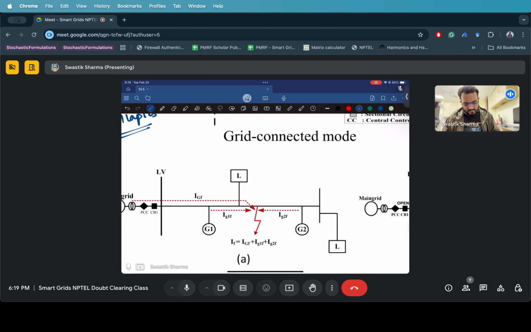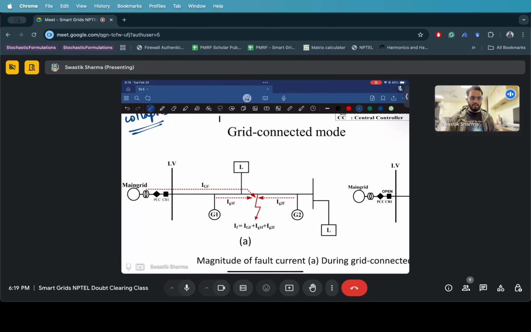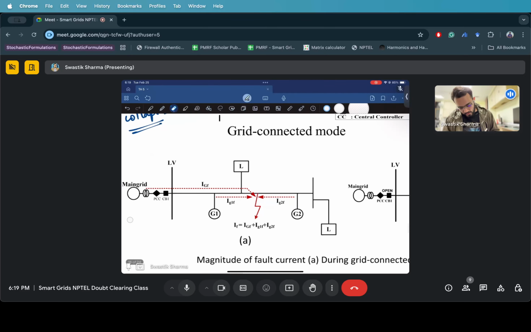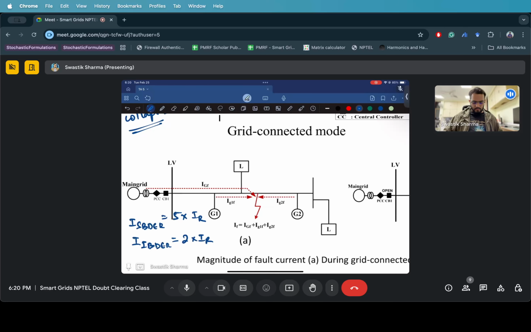All the generators start supplying a fault current, which for a synchronous based DER, SBDR, is 5 times the rated current. For an inverter based DER, it's usually 1.1 to 1.5, but let's take a whole number, 2 times IR, right? So it starts applying this fault current to your system.